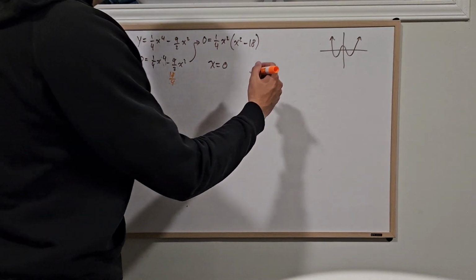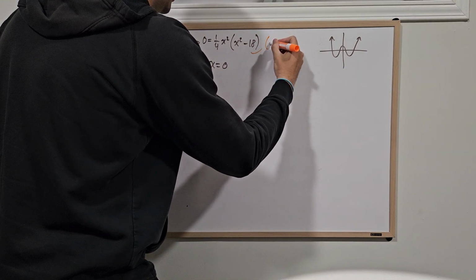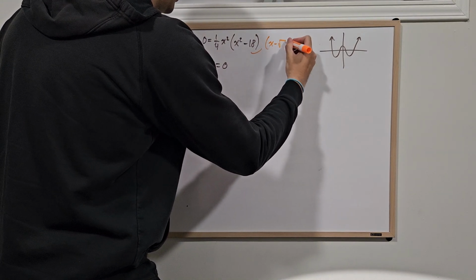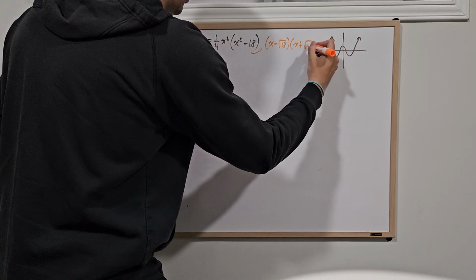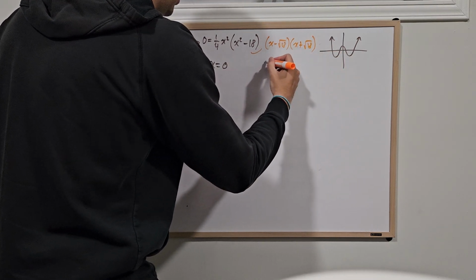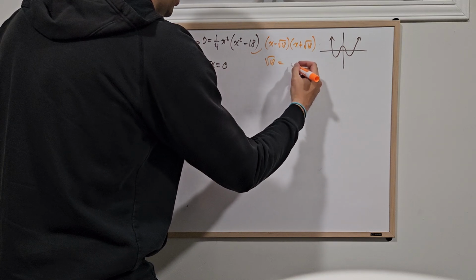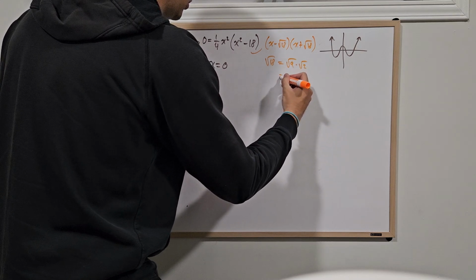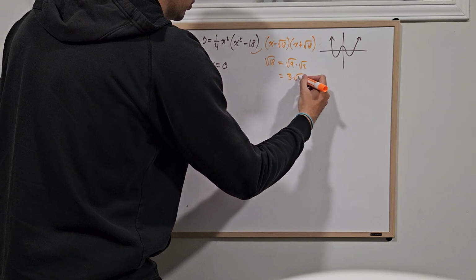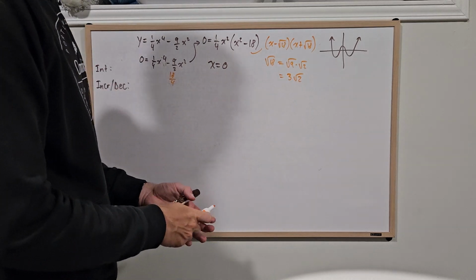So we have to actually write this down as x minus root 18 and x plus square root of 18. The square root of 18 can be written as square root of 9 multiplied by the square root of 2, which is actually 3 root 2. So we have positive and negative 3 root 2.